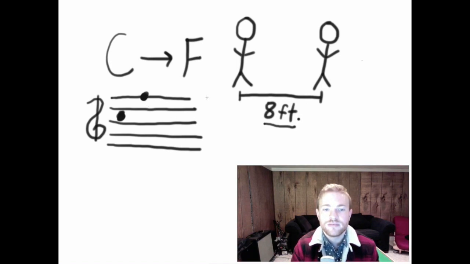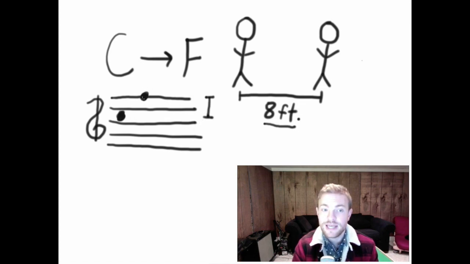Well, this is a good way of visualizing the fact that the distance between the C and the F, when measured from the C up to the F, is the same as the distance from the F to the C when measured from the F down to the C. That, whether we're measuring up or down, doesn't change the length of the distance or the length of that interval.